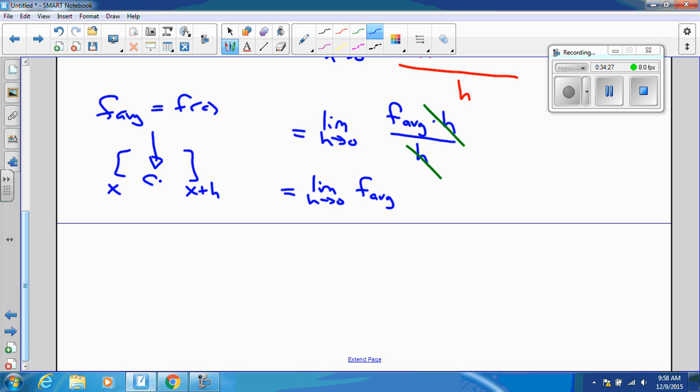If h goes to 0, I only have one choice for c. It's got to be x. And that means, therefore, that this limit, as h goes to 0 of f average, is equal to f of x.